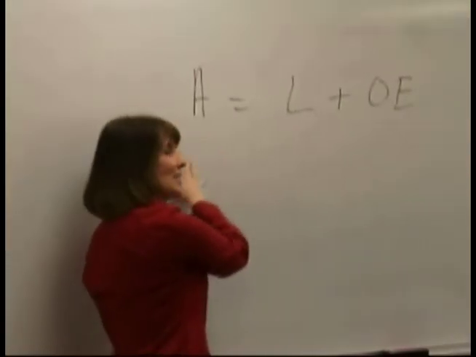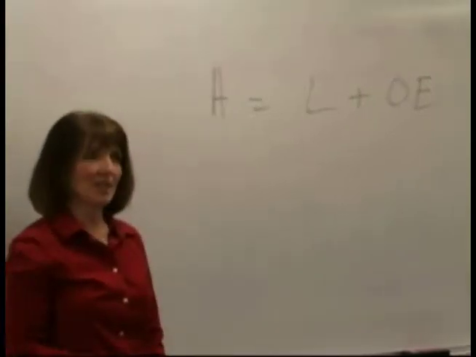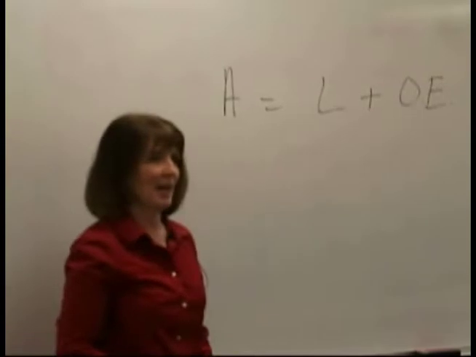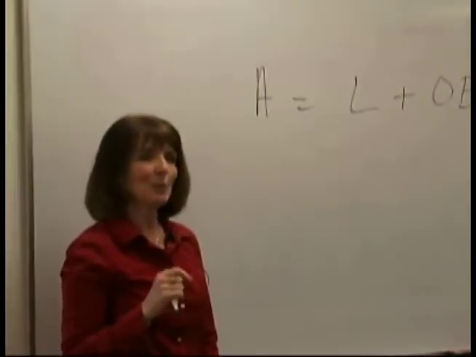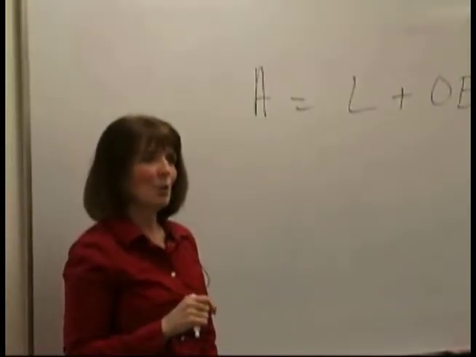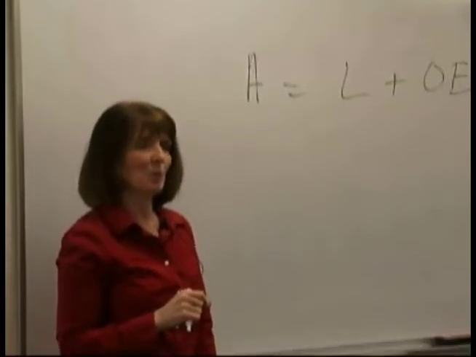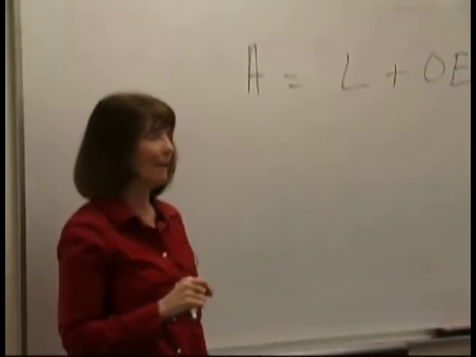Notice that there's this side of the equation, or the left side, and there's this side of the equation, or the right side. That will come into play later when we learn about T accounts and debits and credits, but we're not going to talk about those today.